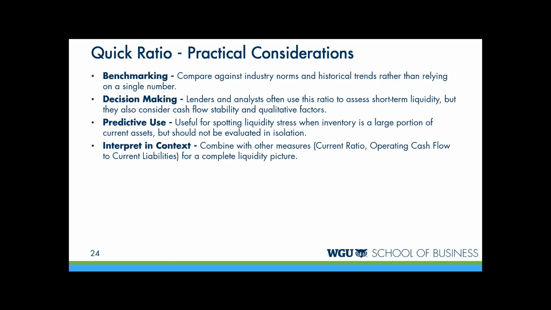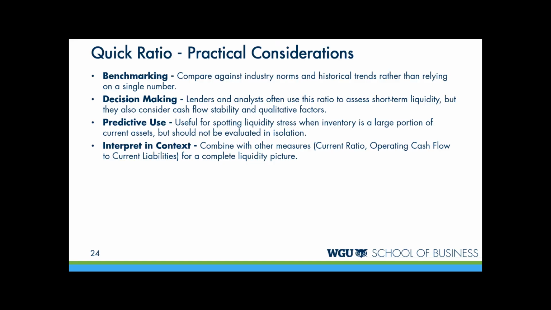Okay, we can use it for predictive purposes. And one thing we have to consider is that even though inventory is not included in this ratio, the ability for us to turn over that inventory to convert it into cash is going to impact this ratio. And so we can't just use this ratio in isolation.